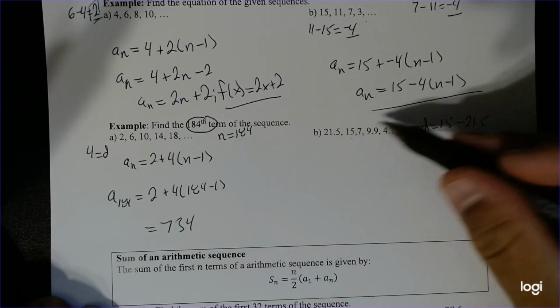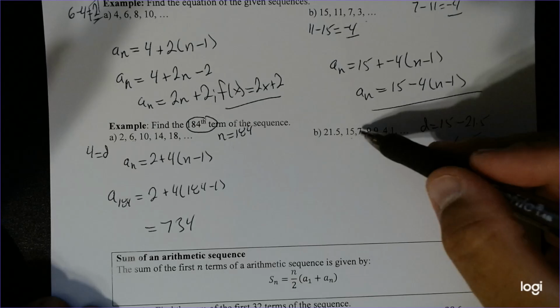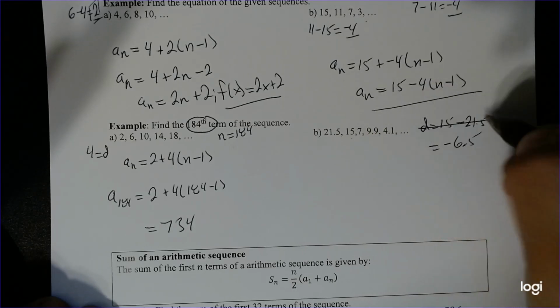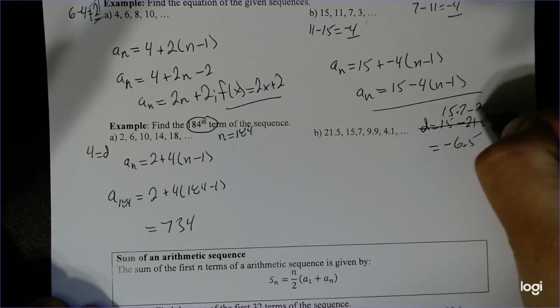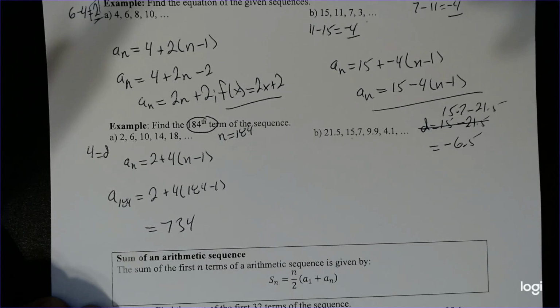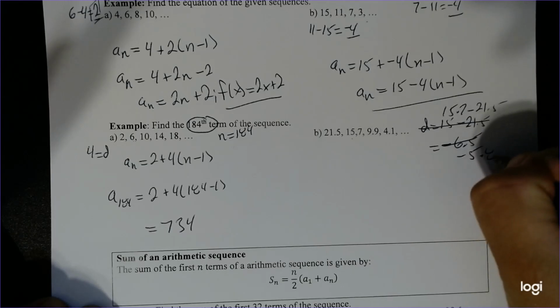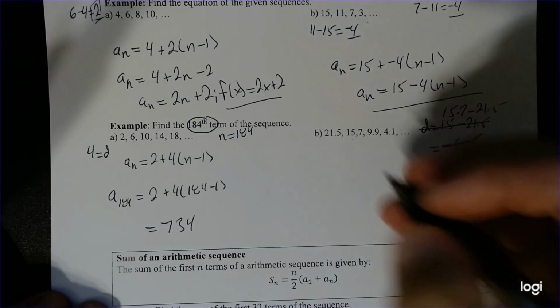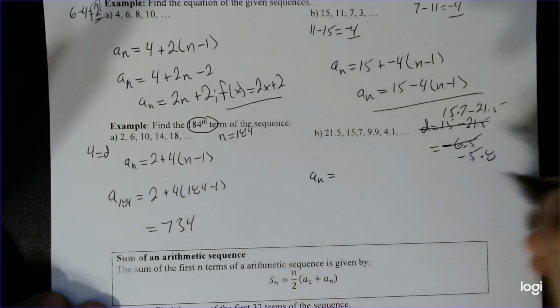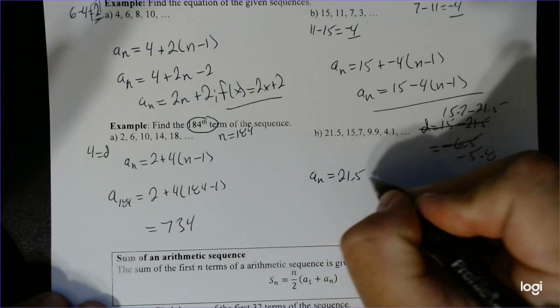And again, it looks like about the same thing as we go down, but just in case, oh, actually, 15.7. There we go, negative 5.8. All right, now we have that.